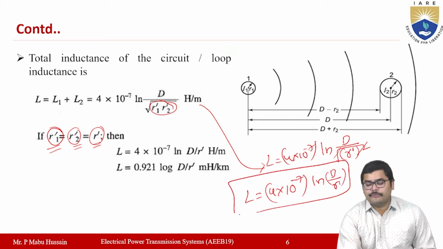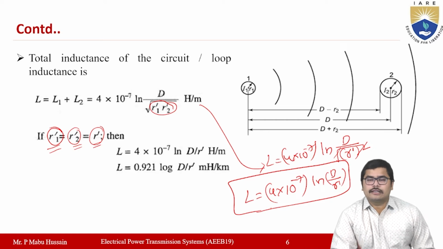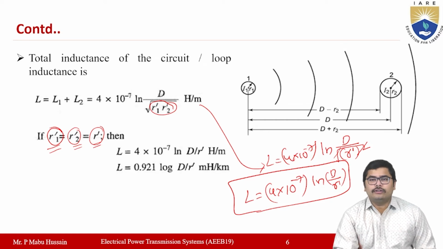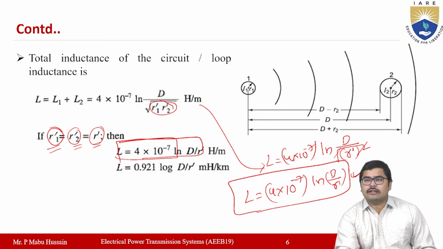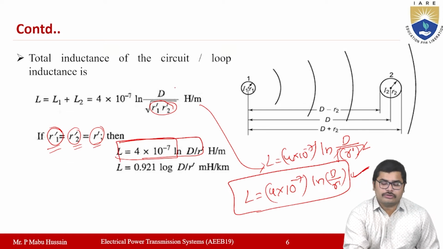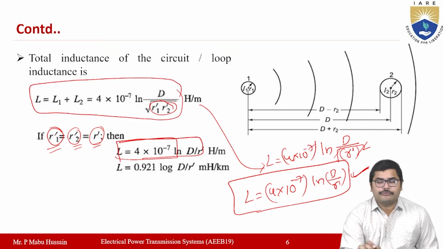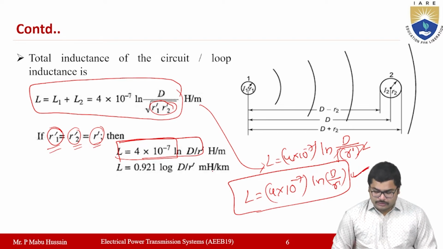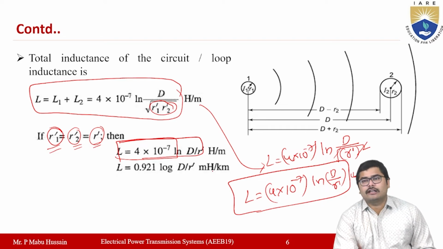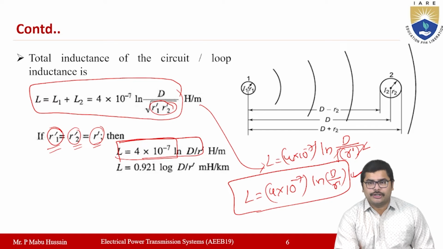This is the total inductance of the single phase two-way transmission line when the radius of the two conductors is the same. If the radius of the two conductors is not the same, you have to use the previous expression. This inductance is generally represented in henries per meter.